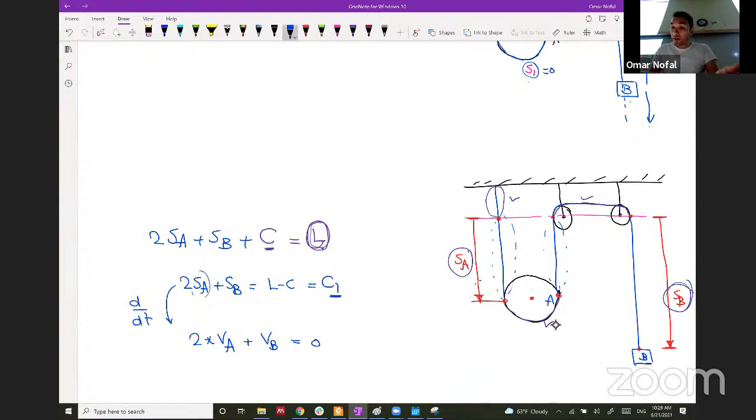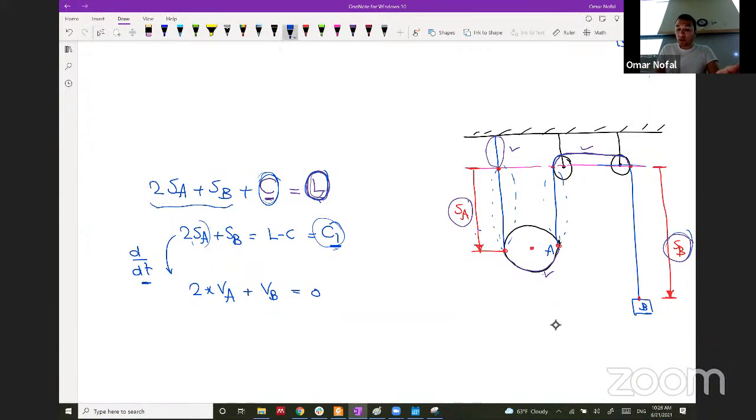You identify a datum, and you see what the variable lengths are, and then put them equal to a constant, because you know that the variable lengths plus constant lengths on this rod will be equal to the length of the rod. And you know that the length of the rod and this constant will give you another constant, then you differentiate them with respect to time. It will give you the relationship between the velocities at A and B.